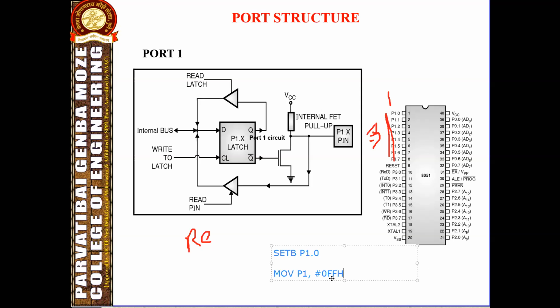All the high bits we are moving into port 1. So by executing this instruction, what are we doing? All the pins are being made high. Why are we doing this? So let's see here.